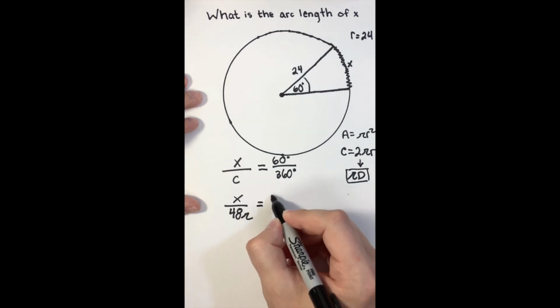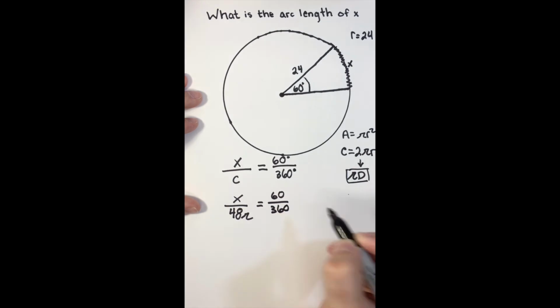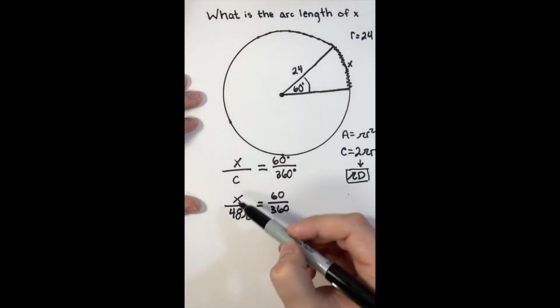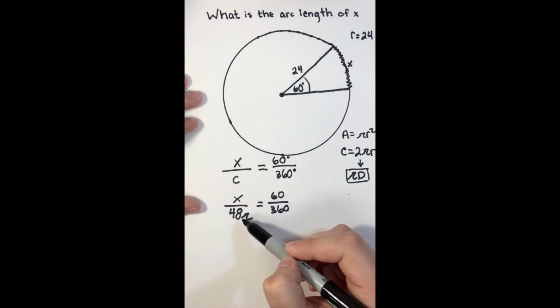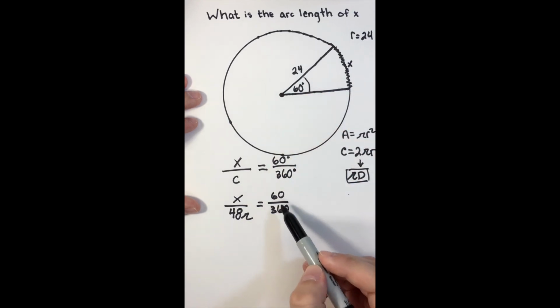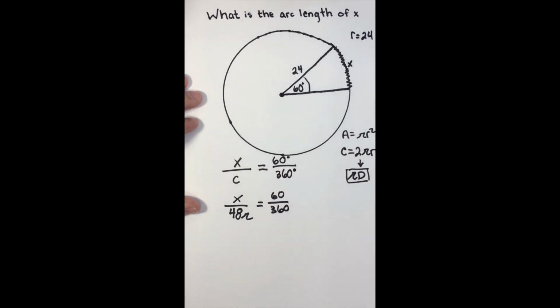And that is going to be equal to 60 over 360. So just a quick review. I did the part of the circumference compared to the total circumference, that's this guy over here. Set that equal to the part of the angle for my whole circle compared to the total angles, okay?